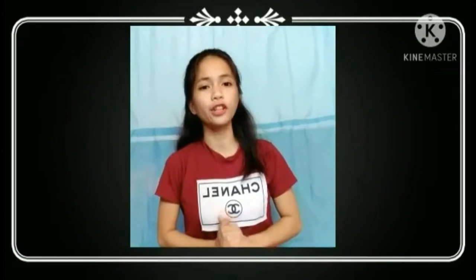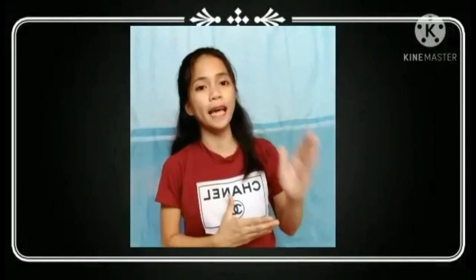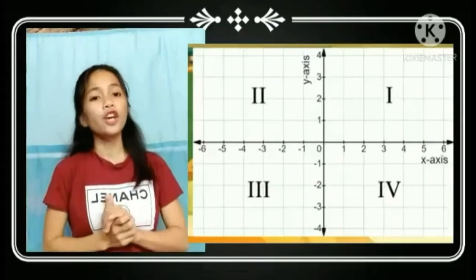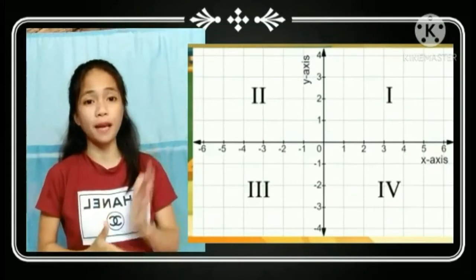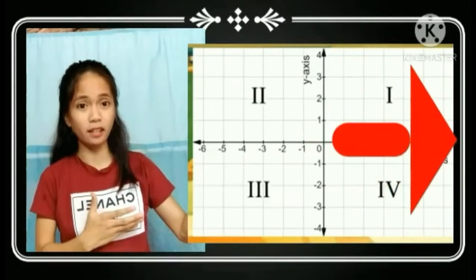So to locate a point, the first thing you can do is determine the coordinates and always start at the origin, then move according to the sign of the x and y coordinates. If your x coordinate is positive, always move to the right of the origin.